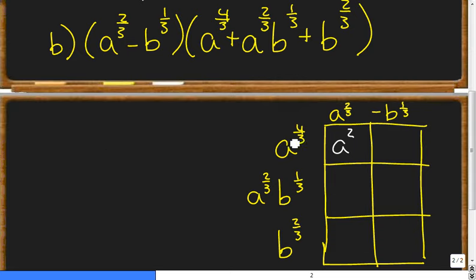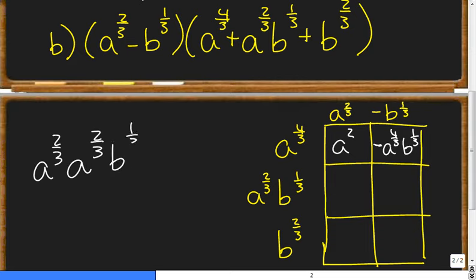And then we have a to the 4/3 times negative b to the 1/3. We'll move the negative out front. We can't combine these. They are not the same base or the same exponent. So we have a to the 2/3, and then a to the 2/3 b to the 1/3.